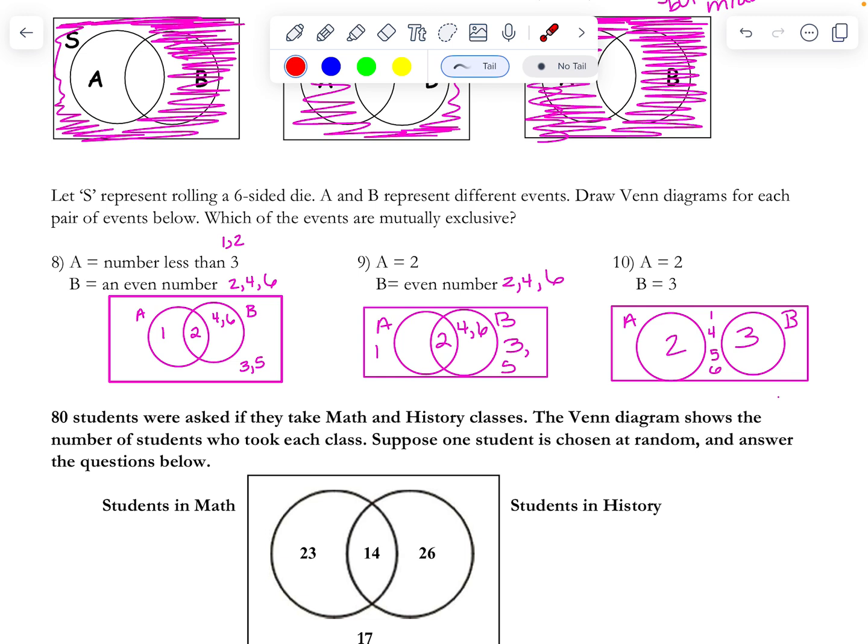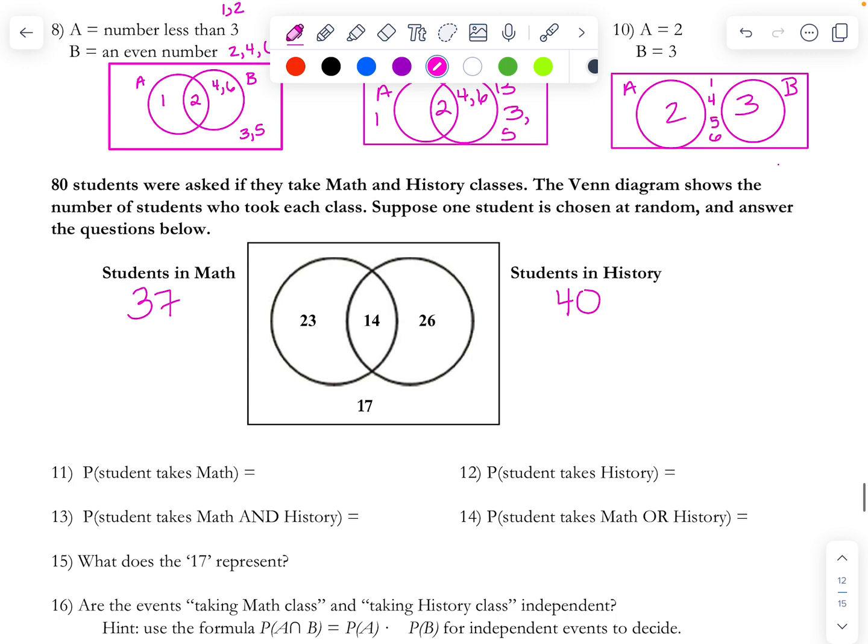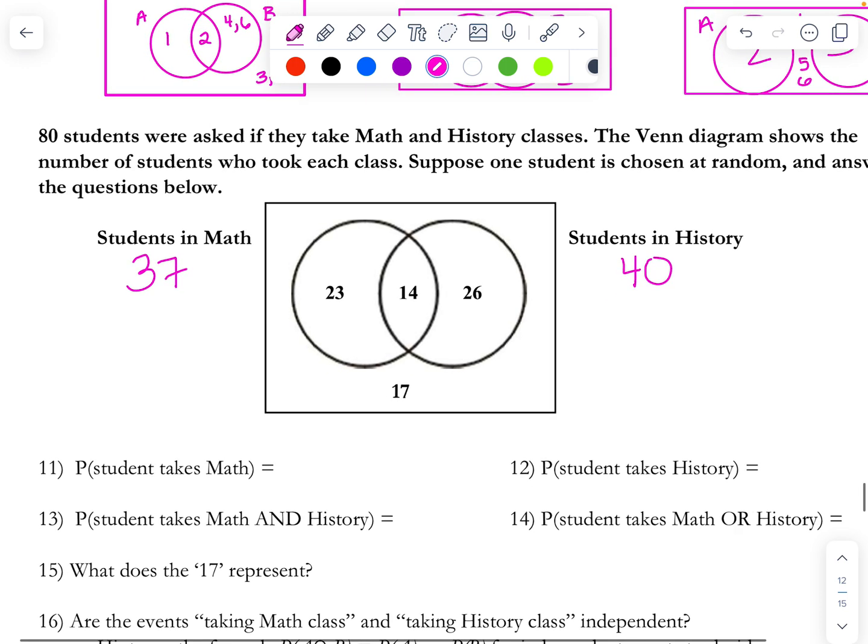So the students that took math, we have a total of 37. The students that took history, we have a total of 40. Okay, so I just kind of put that there. Now, our probability are the students that took math. I already kind of answered that.